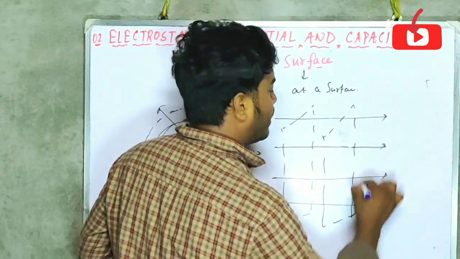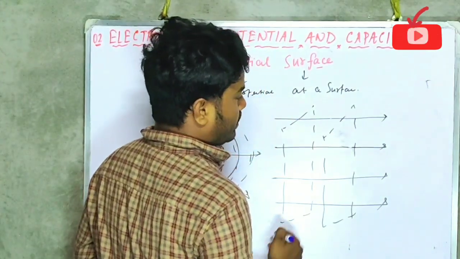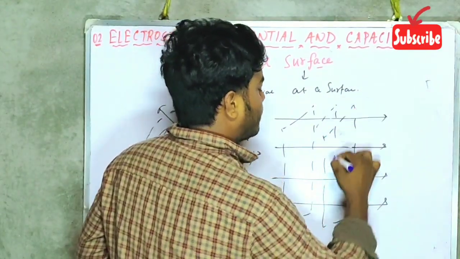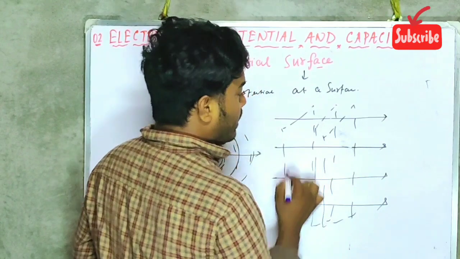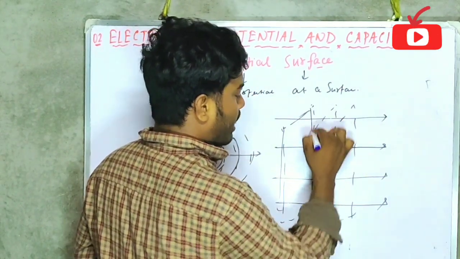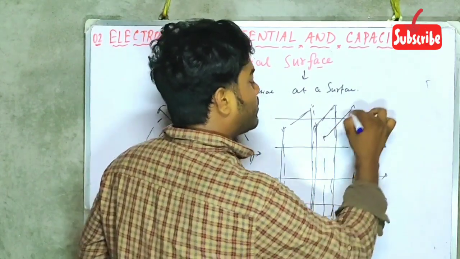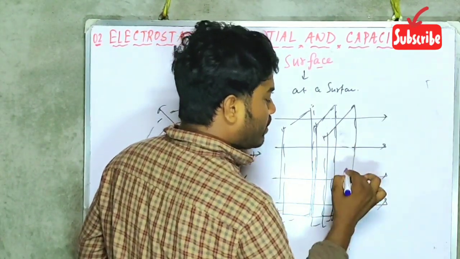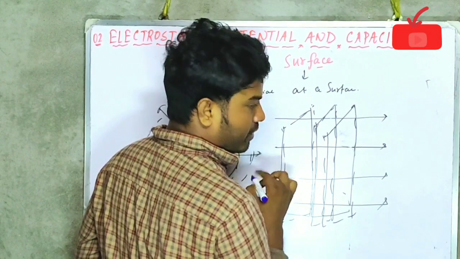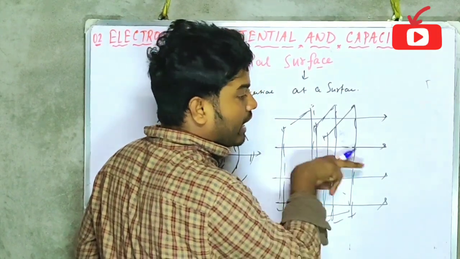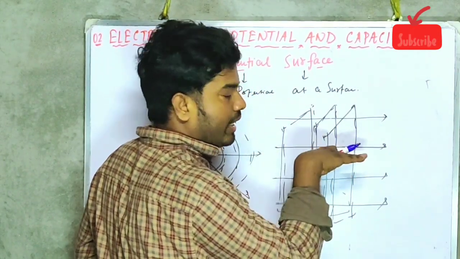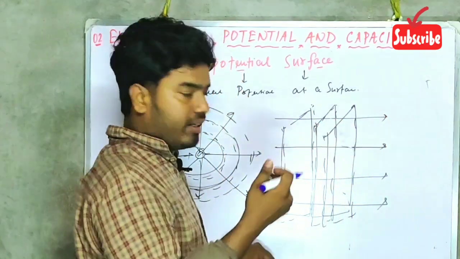Any corresponding plane will be an equipotential surface. This plane has a higher potential than this one, and this plane has the lowest potential. Clear? Because the electric field is directed along the x-axis, along the direction of the electric field the potential decreases.